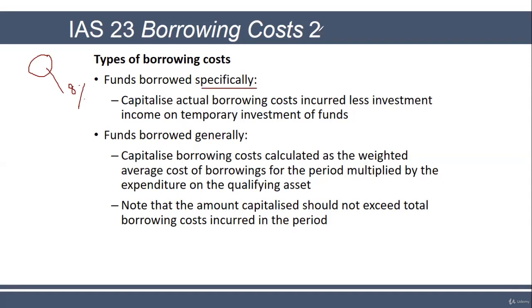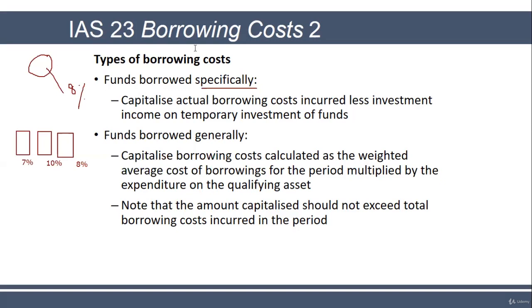Borrowed generally, what does that mean? Probably in your portfolio, you have different types of already acquired funds. You have different types of debts, okay? Something you took on, I don't know, probably 7%. Maybe you have taken some loan on 10%. And then probably you have taken some loan on 8%. So you have different types of borrowings, okay?